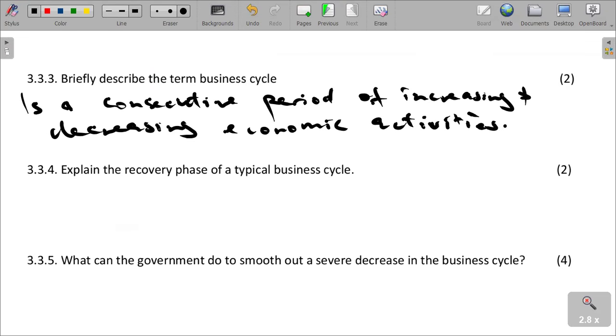We call that business cycles, a consecutive period of increasing and decreasing economic activity. We define that as a business cycle.